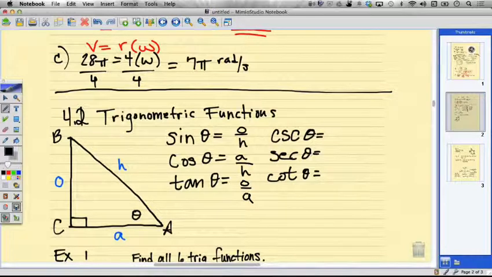Keep that out of your mouth for now, because they are not technically what we want to call an inverse. But they are reciprocals of each other. The word reciprocal means take the fraction and do what with it? Flip it over. So cosecant would be what? H over O. Secant, H over A. And then cotangent.